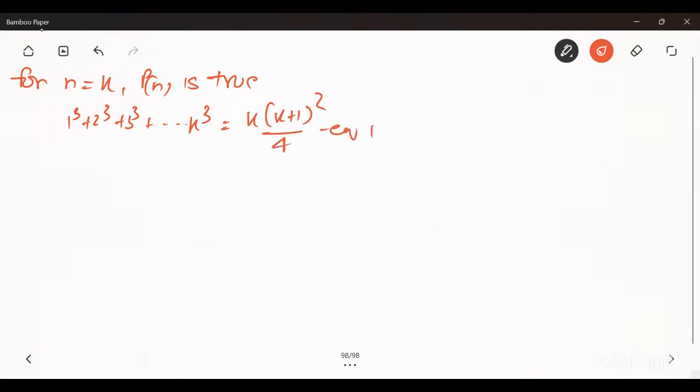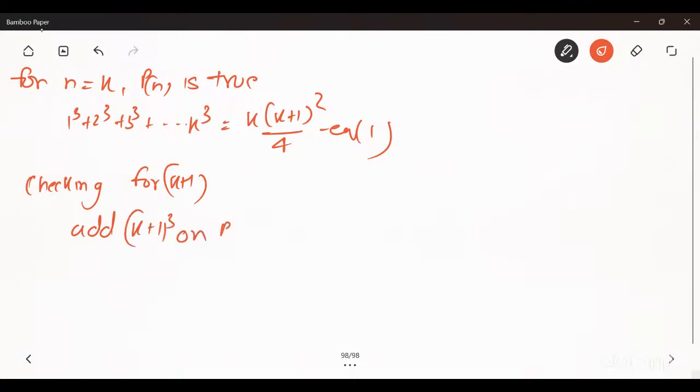That was equation first. Now I have to check for k plus 1. So now add k plus 1 whole cube on both sides of equation first.